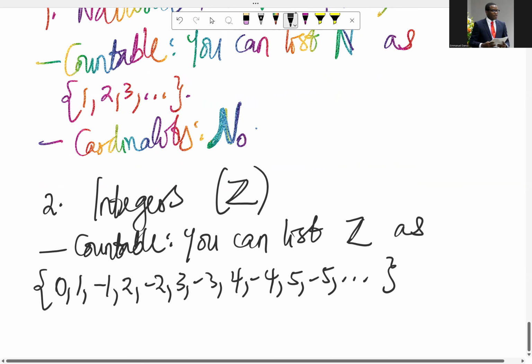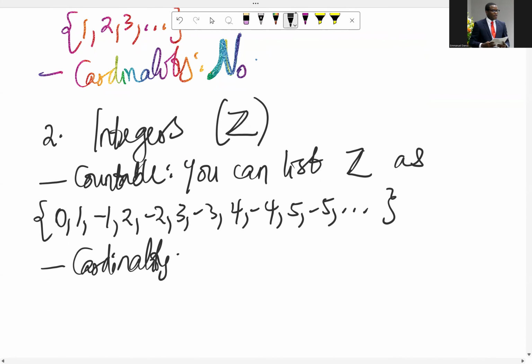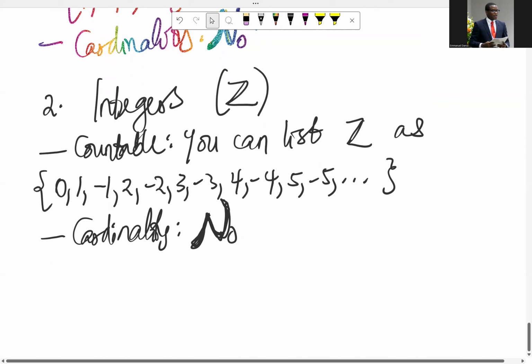So you can make it correspond with the natural numbers. As a result, because it is a countable infinite set, the cardinality is still aleph null.